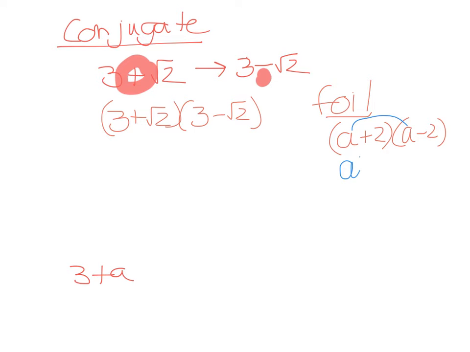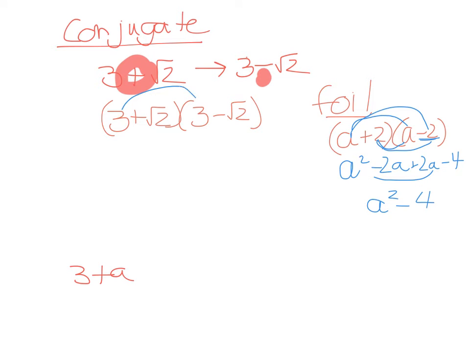So a times a is a squared. A times negative 2 is negative 2a. 2 times a is positive 2a. And negative 2 times negative 2 is negative 4. I have negative 2a plus 2a in the middle, and so they cancel out, and I get a squared minus 4. We're going to do almost the same thing with these two radical expressions.